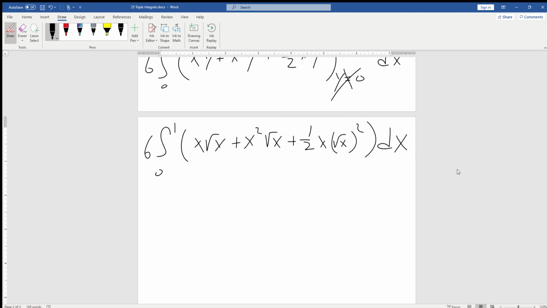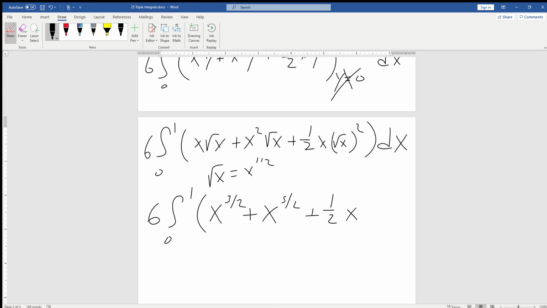Or, if we remember that the square root of x is the same thing as x to the 1/2, we could just combine the exponents, and we're going to get 6 integral from 0 to 1 of x to the 3/2 plus x to the 5/2 plus 1/2 x squared. All right, so square root of x squared is just going to be x. x times x is x squared dx.